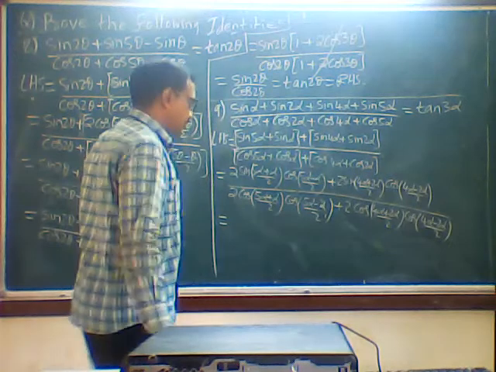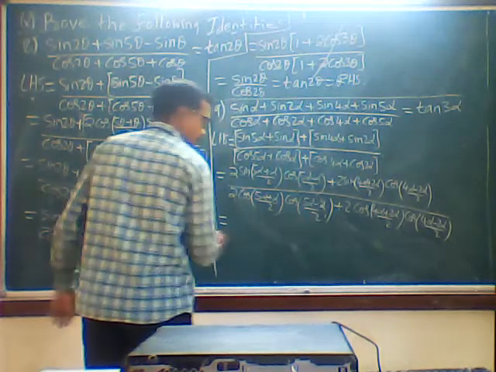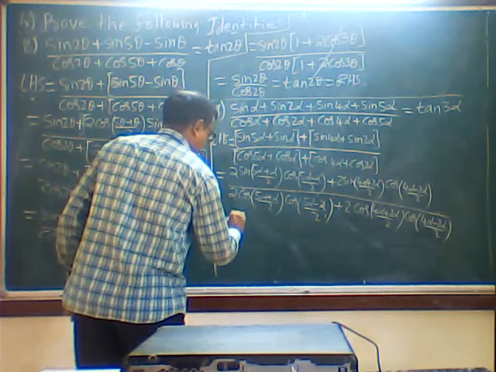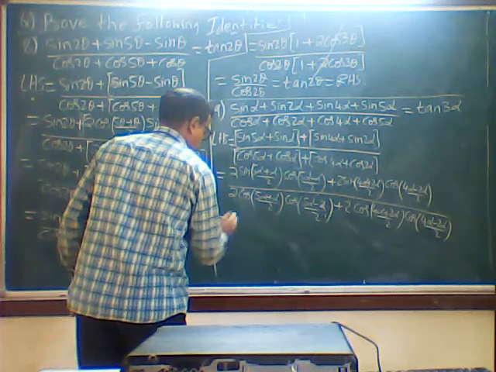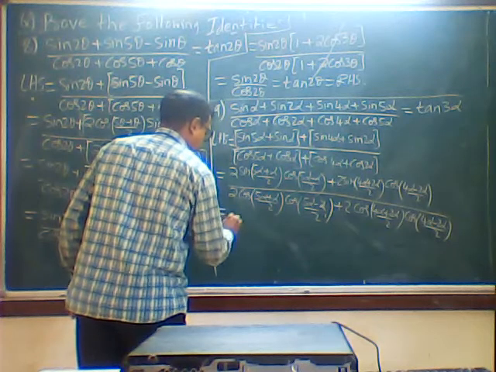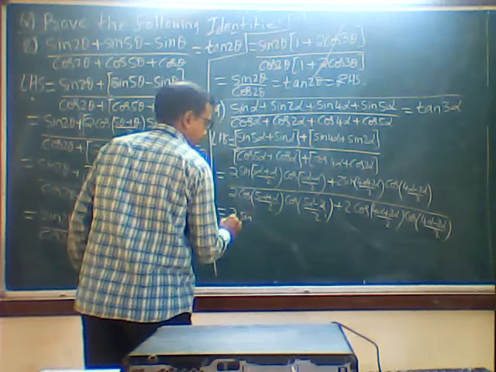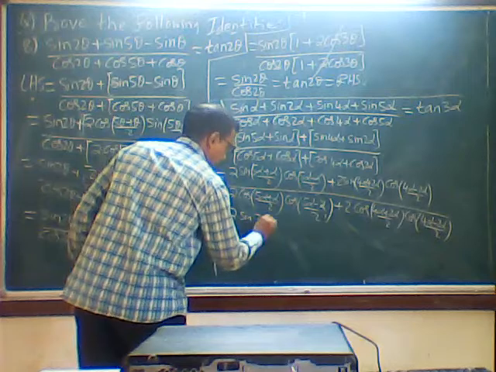Next what happens? I will take out 2 common. Otherwise we will simplify. If you want, at once I can take common. I am writing this 2. 5 alpha plus alpha, 6 alpha by 2 is what? 3 alpha, I write directly.